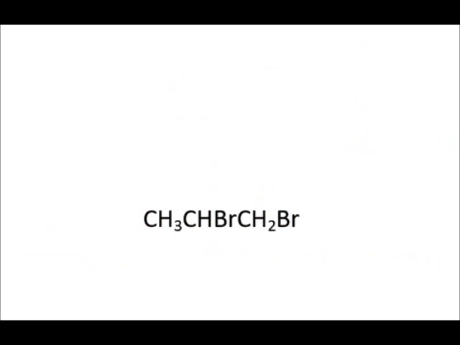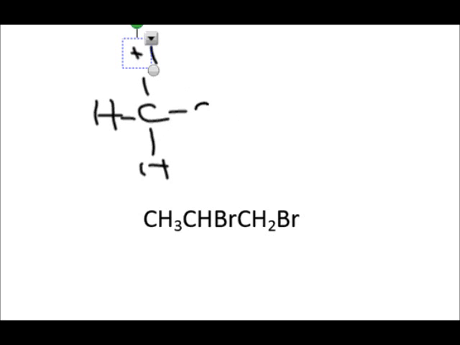In this example, again, we've got a structural formula rather than a skeletal or displayed. So let's draw it out as a displayed formula. So we've got a CH3 group on this end. That's attached to a CH group.